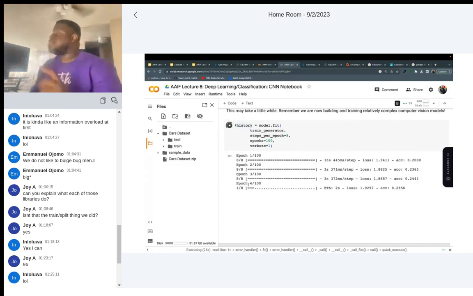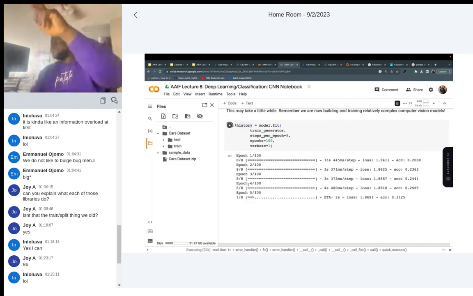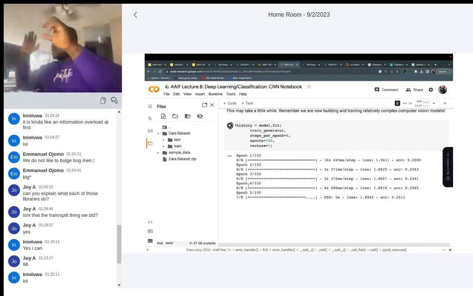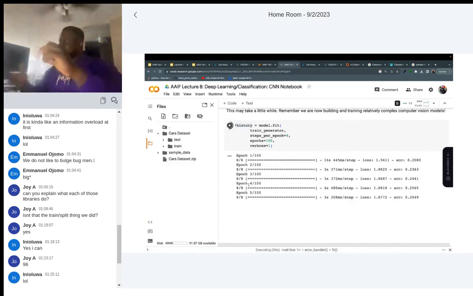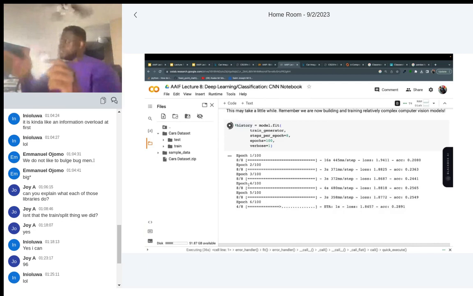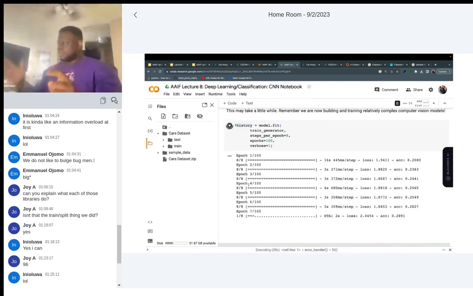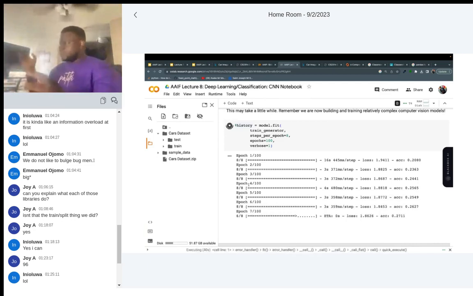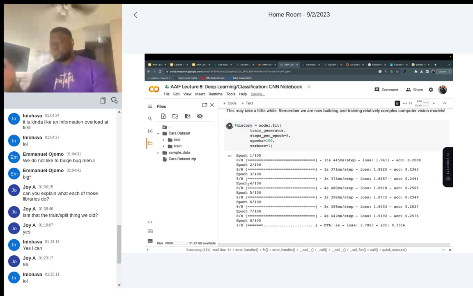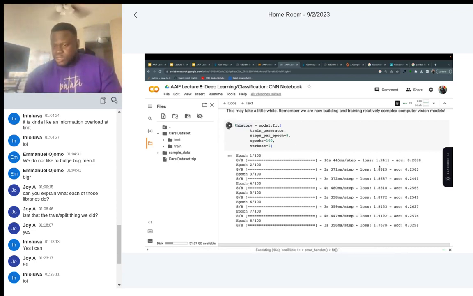We went on the road with a camera, cars were passing, and it was identifying them in milliseconds, counting how many of each. So now you can see the accuracy is growing and the loss is dropping.